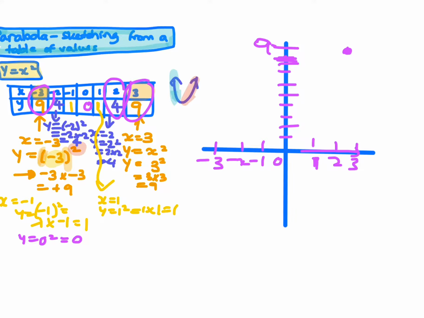Then you go to the second one, which is 2, 4. So you go across 2 and up 1, 2, 3, 4. Across 2, up 4. And then the next one is 1, 1. Across 1, up 1. Then 0, 0. That's that one. Now you could find the other ones, but they're going to be very symmetric, so they're going to be straight across. If you went from there to there, there to there, and there to there, you get the identical thing.